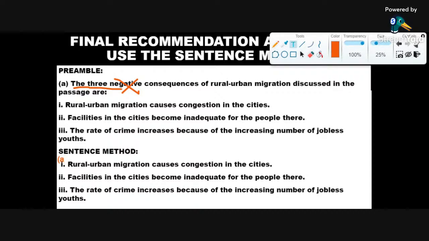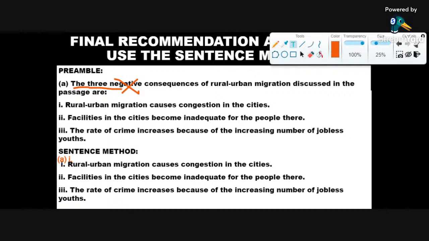So you need to indicate that this is question A. And then after A, you can now write I, and then you present your answer. You go to the next one, II, and present your answer.